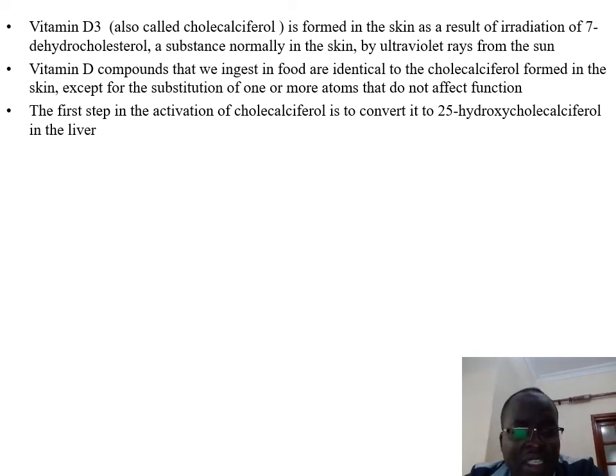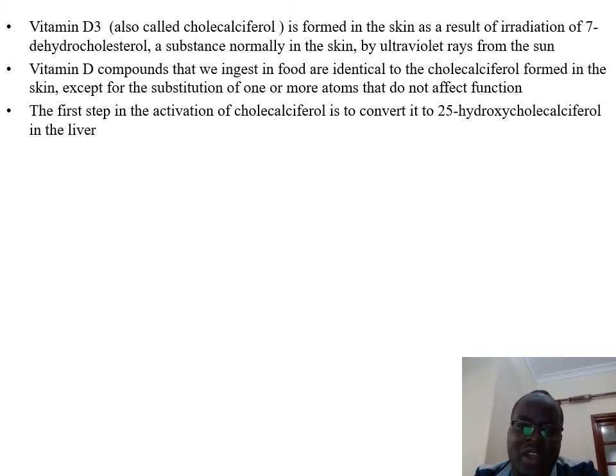The vitamin D, which is also called cholecalciferol, is formed in the skin as a result of irradiation of 7-dehydrocholesterol, a substance normally in the skin, by ultraviolet rays from the sun. So the ultraviolet rays from the sun are the ones that are going to activate the vitamin D that is under the skin.